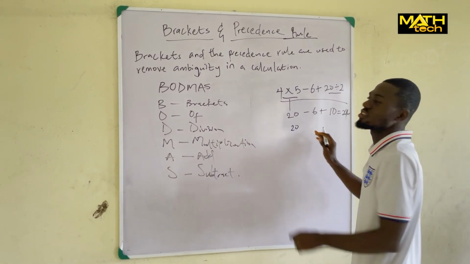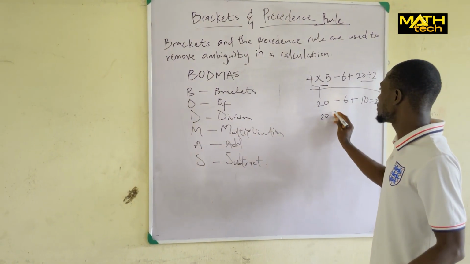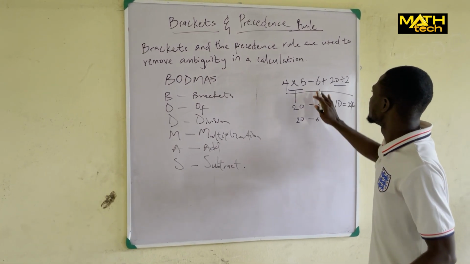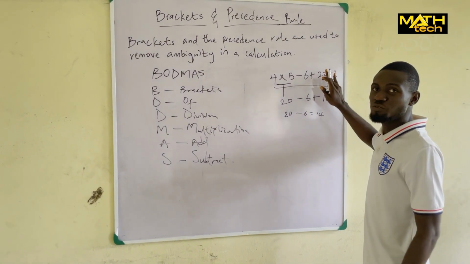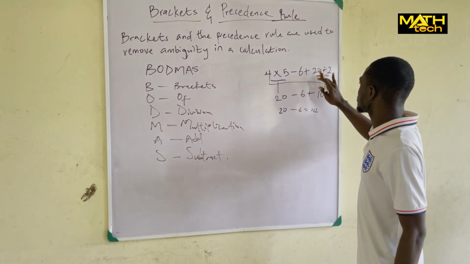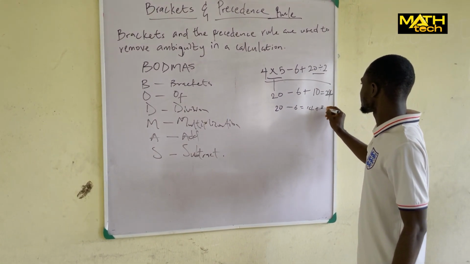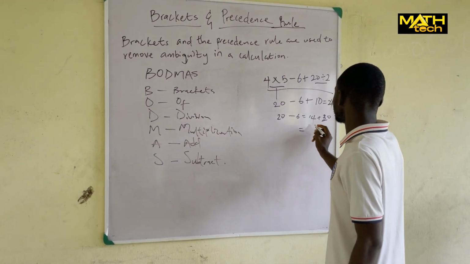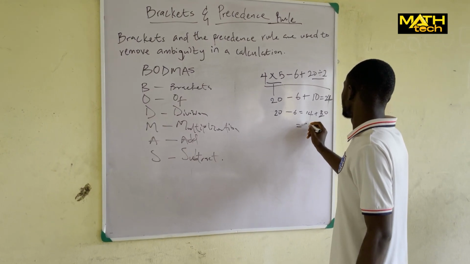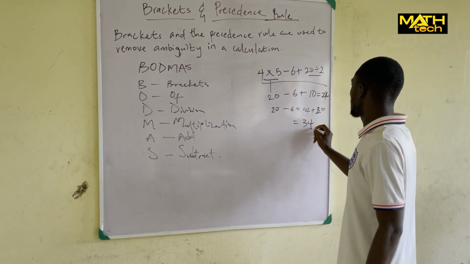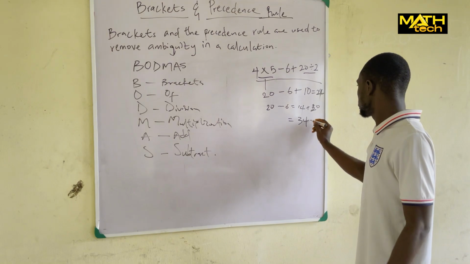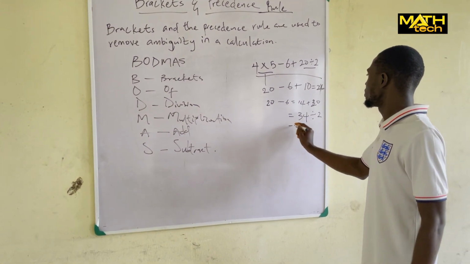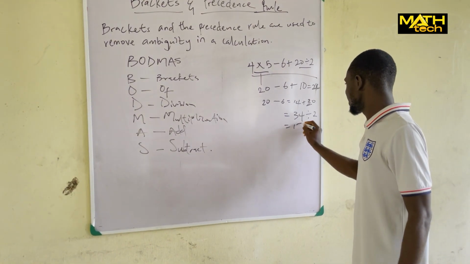Then 20 minus 6 will give me 14. 14 plus 20 will give me 34. And 34 divided by 2 is going to give us 17.